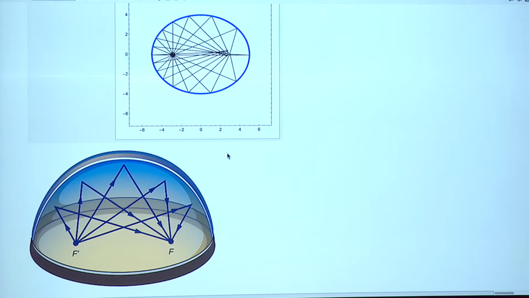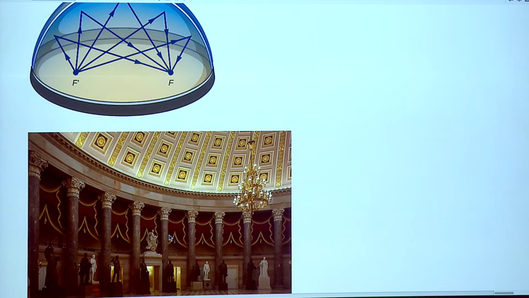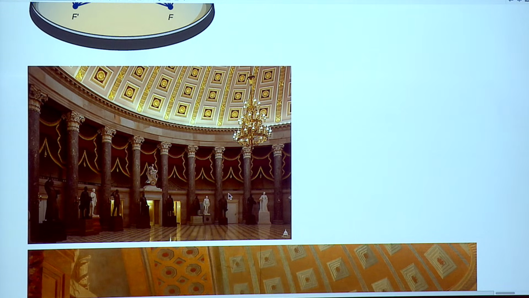And that's one property that you can exploit if you want to spy on people or eavesdrop. You can make an elliptical echo chamber, so that if you are sitting at F and talk, and the sound wave propagates more or less with the same rule, then they all focus on the other focus. There is a good example of that, which is the Statuary Hall in the US Capitol.